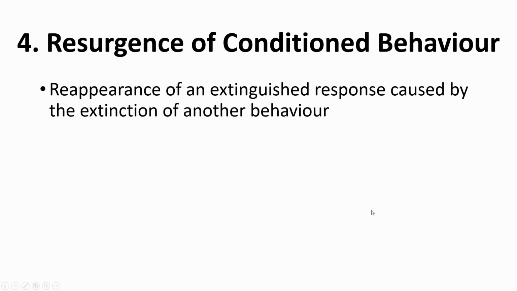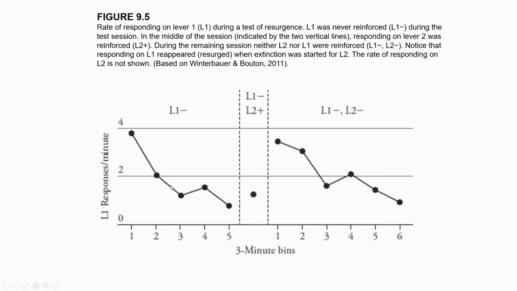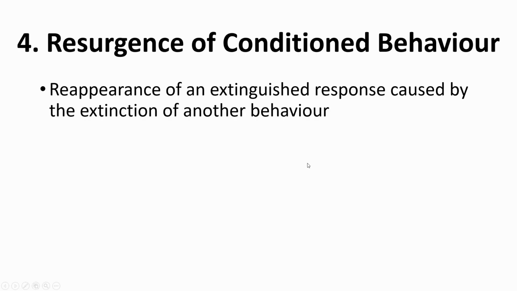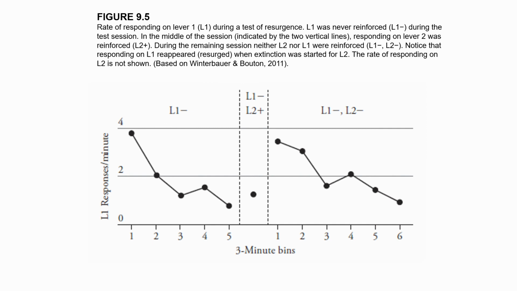As per usual, let's look at an example where actual research had looked at resurgence. So in this example, we're going to look at rats in an operant box where they have 2 possible levers, lever 1 and lever 2. So during all of this, lever 1 is never reinforced. So that's what the L1 minus means.